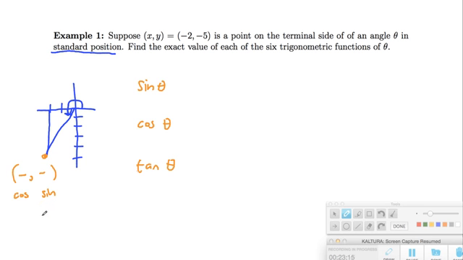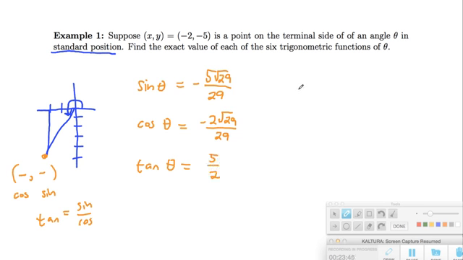Now tangent, since tangent is sine over cosine, it's a negative over a negative, so it's going to become positive. So the sine of theta, remember the answer we got was 5 square root of 29 over 29, but it's actually going to be negative. Same thing for cosine. However, tangent is going to have a positive value because it's a negative over a negative, essentially.